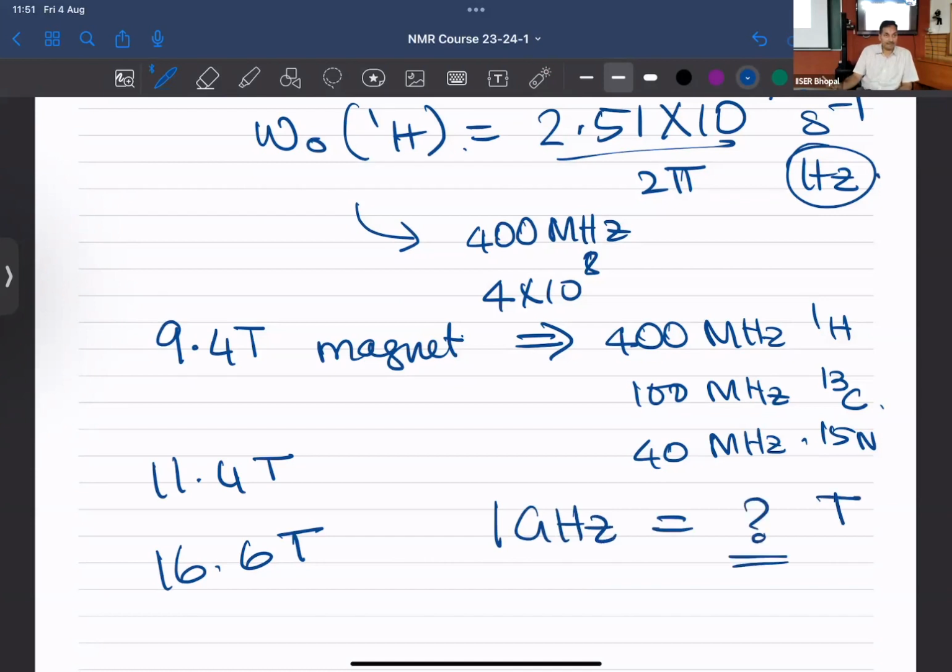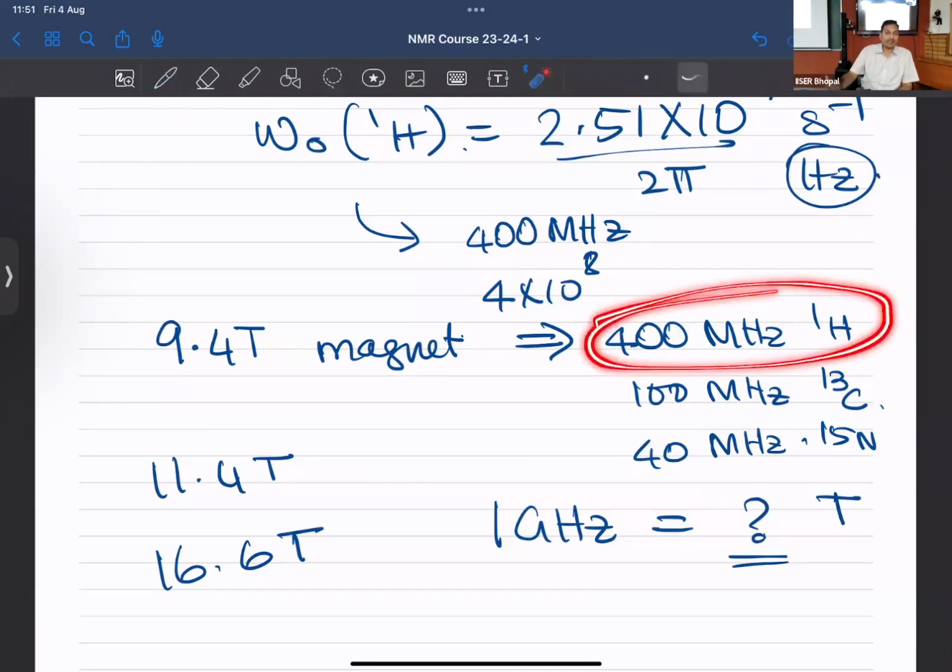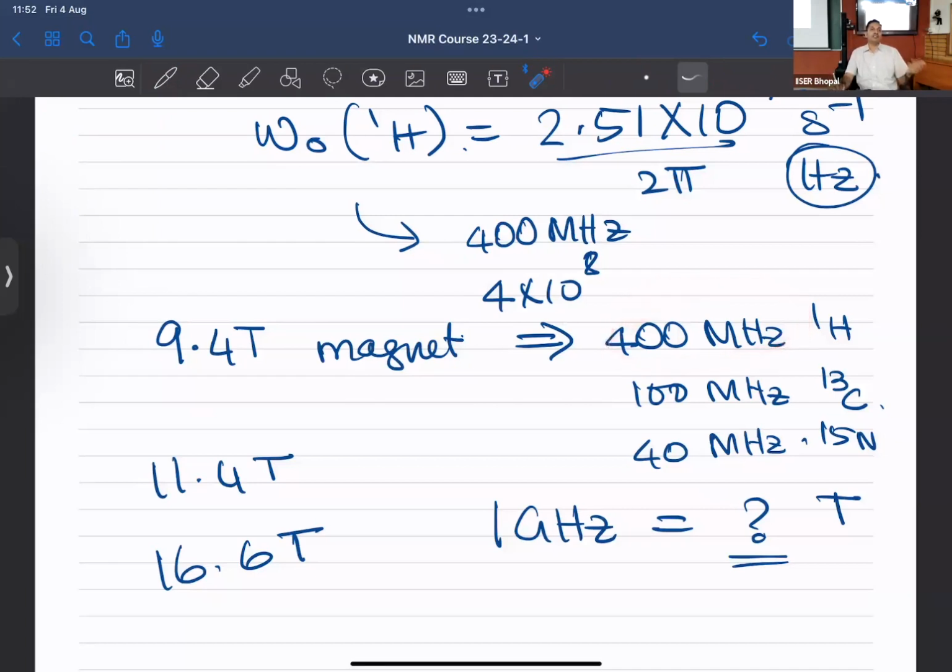This definition changes if you change the nucleus from proton. That's exactly correct. So generally, we only speak about magnetic field strength with respect to proton. Proton is one of the most abundant nuclei, the most probed nucleus, and has a spin half. So therefore, we end up standardizing everything against the proton. The moment you know proton, if you know the ratio of gyromagnetic ratios, you can predict the rest. So that's the whole idea here.